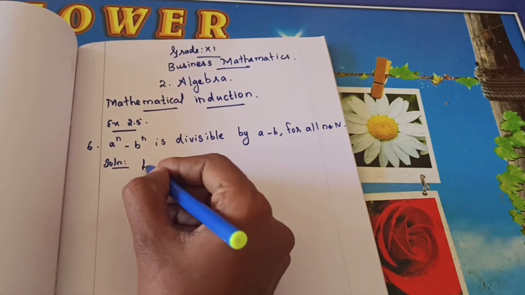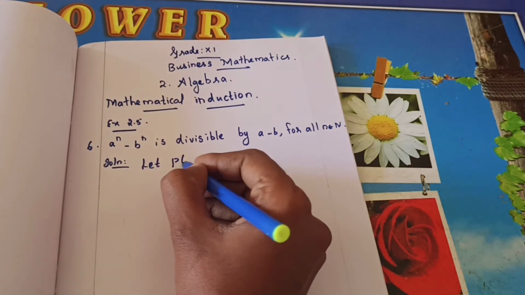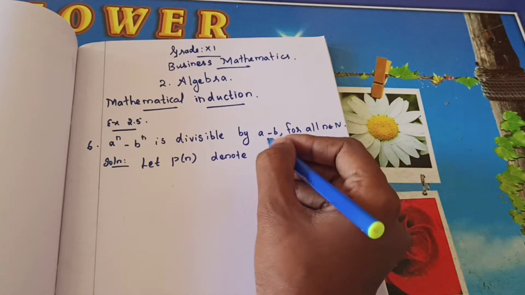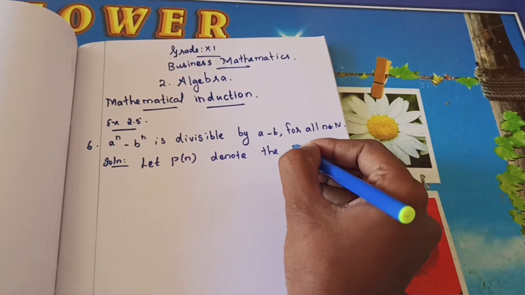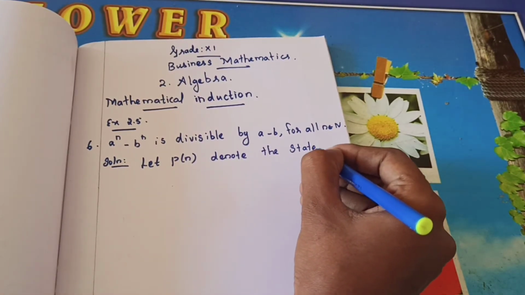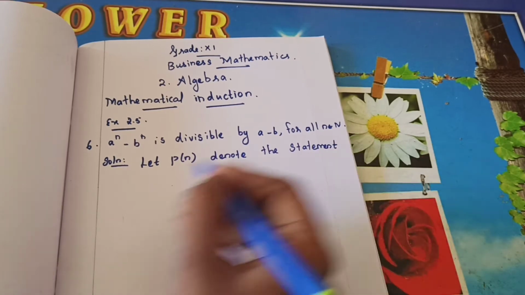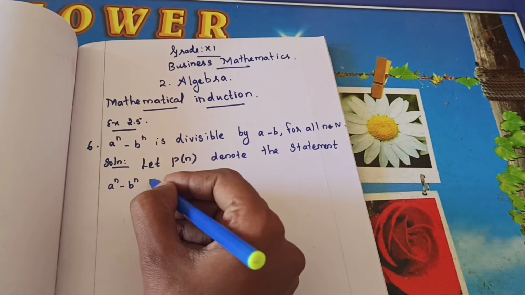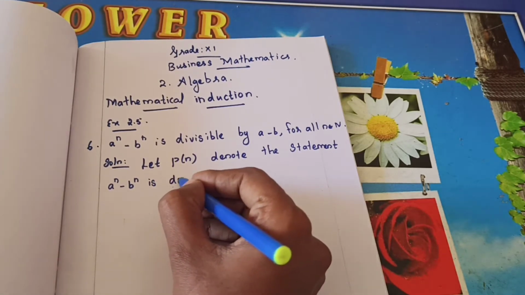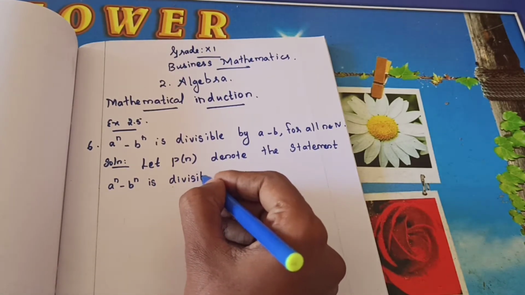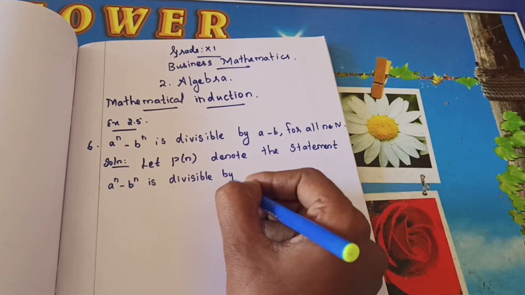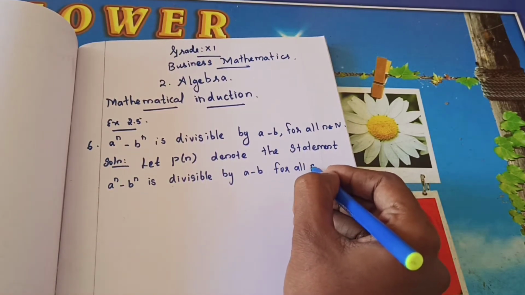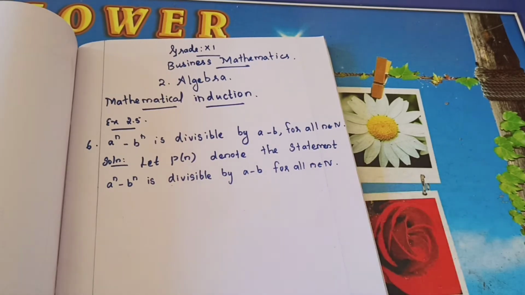Solution. Let P of n denote the statement. What's the statement given? A power n minus b power n is divisible by a minus b for all n belongs to N. Okay, this is the given statement.